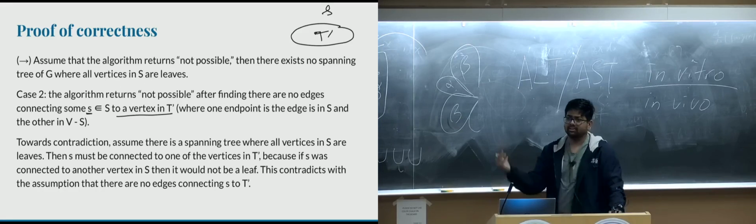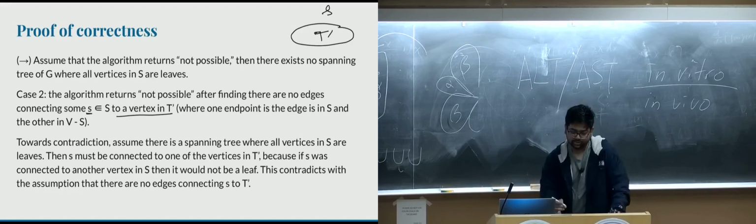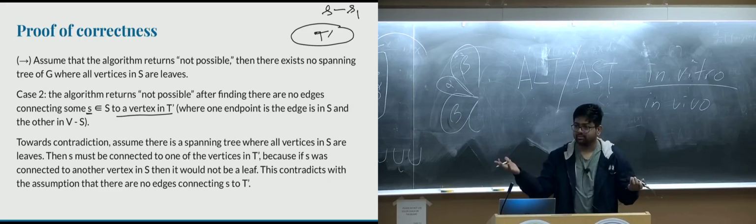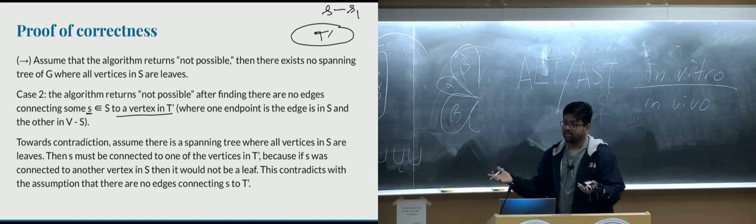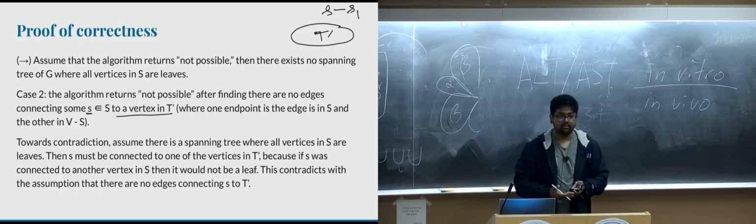In that case it's not possible to create an MST satisfying such property, because it can only be connected to some other vertex S1 which is part of S itself, and we don't want that, because if that happens, it's not a leaf node anymore. Make sense?